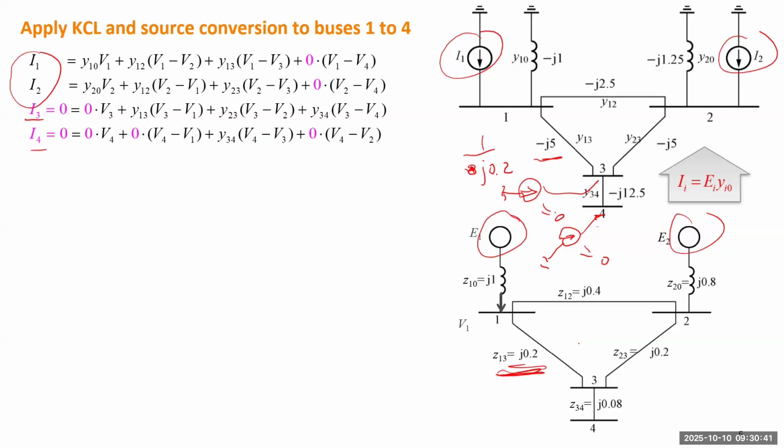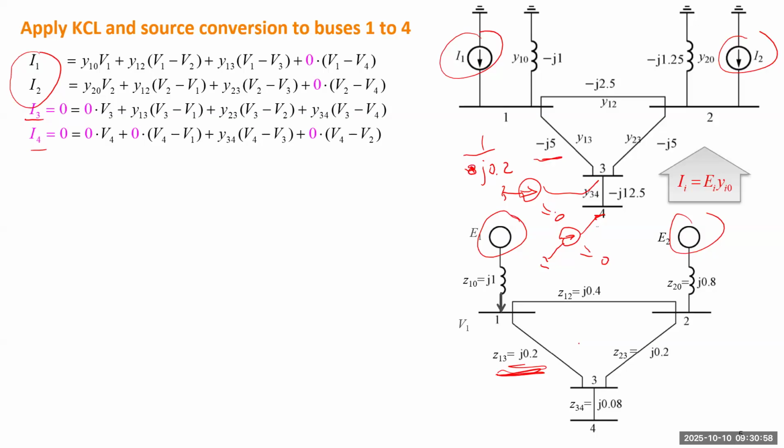On the right-hand side, each equation will have how many items? It will have 4 items. The first item will be the local voltage of that bus to the ground, multiplied by the admittance to the ground.